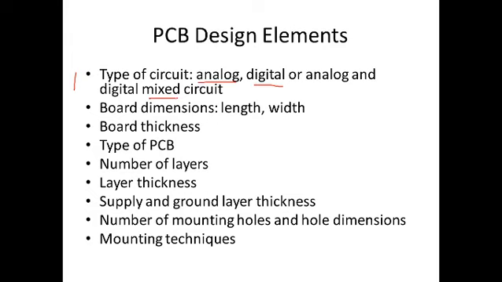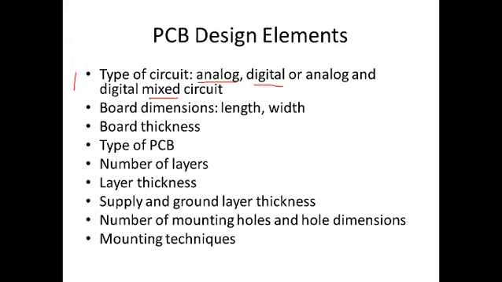In case of the analog, you might have to protect it from high voltages. In case of the digital, you might have to protect it from, say, frequency interference. And for analog and digital mixed circuit, you have to separate out the analog part and digital part, so that there will not be reflection of the digital part into the analog one, and that is going to give you false reading.